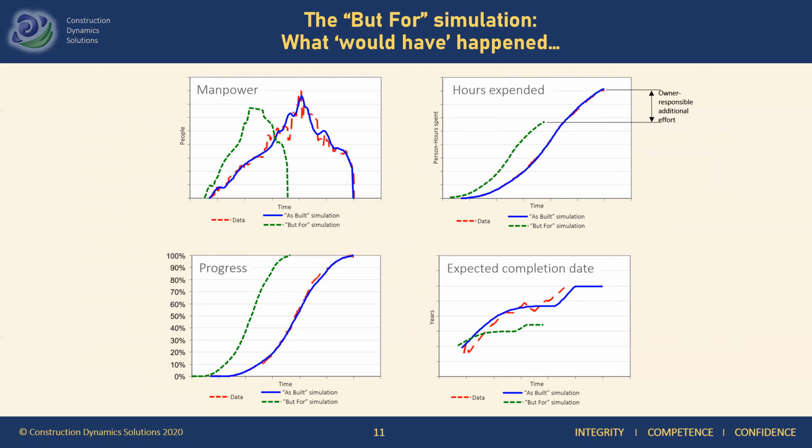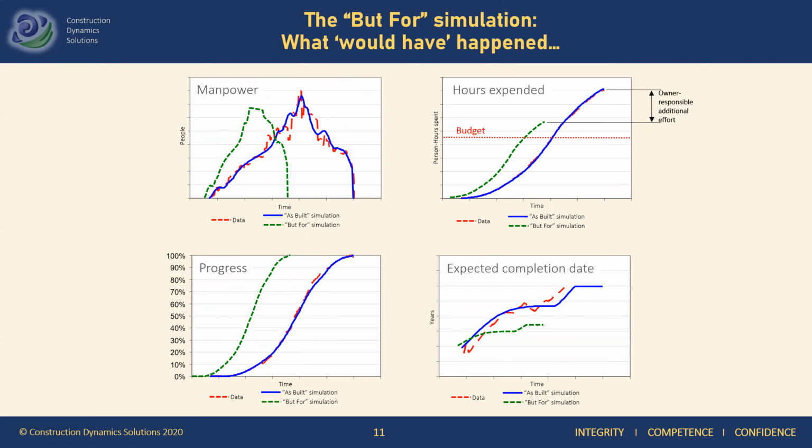Now at this point, it is important to distinguish between the but-for and the baseline of the project. They are not the same because the but-for simulation still includes within it all the unexpected inefficiencies for which the contractor was responsible.